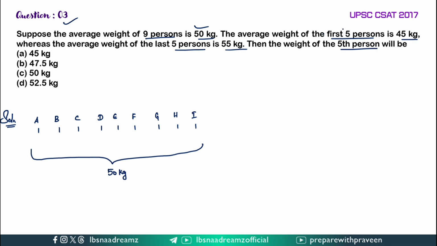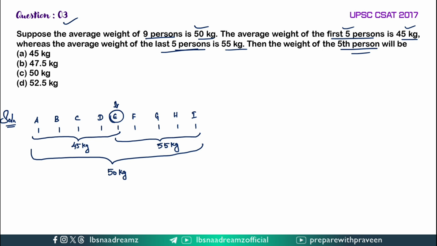The average weight of the first 5 persons is 45 kg, whereas the average weight of the last 5 persons is 55 kg. So the last 5 persons means E will be included here also. 55 kg. Now we have to find the weight of the fifth person, that is E. We have to find the weight of E.